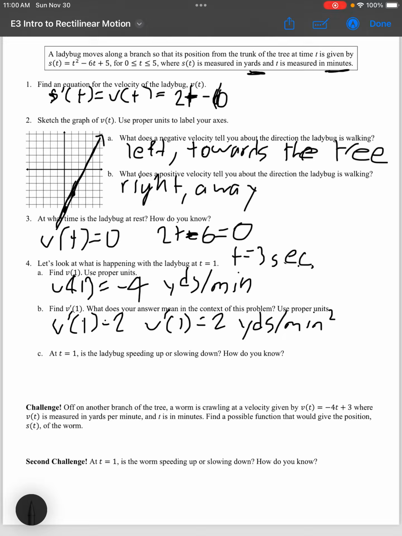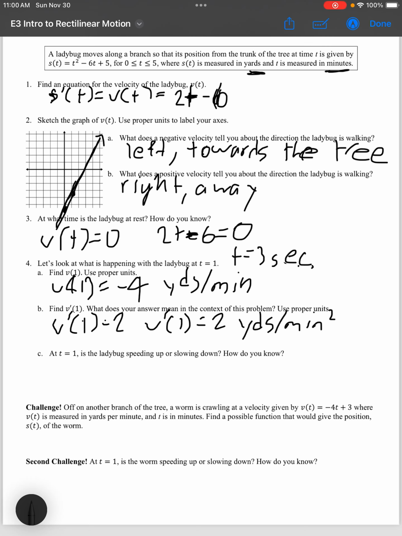And this makes sense because what is the derivative of the velocity function? Acceleration. And acceleration always has a square in the denominator, because in this case we're taking yards per minute as our rise.